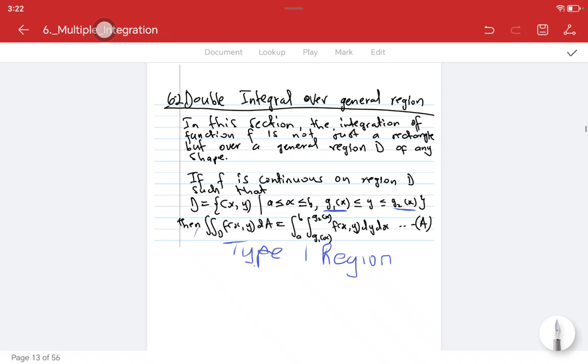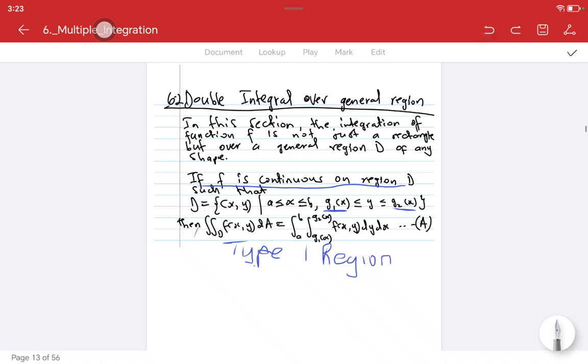And they both happen, for Fubini's theorem and this one, when f is continuous on a certain region. Here it's continuous on region D. You can also change the region, say region R, you can use any region, right?